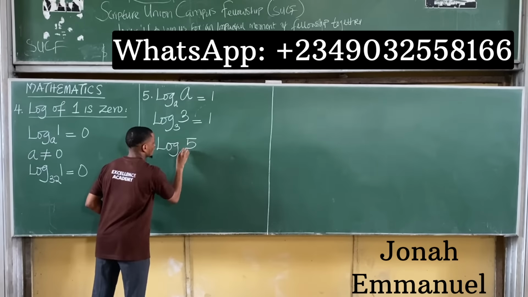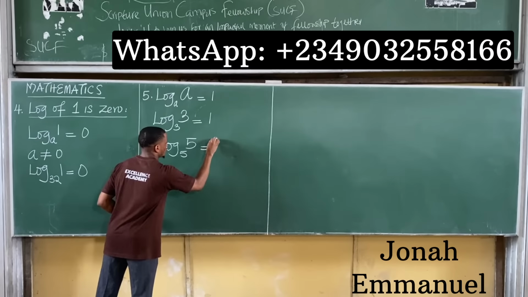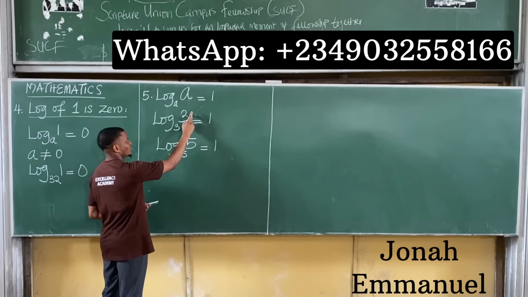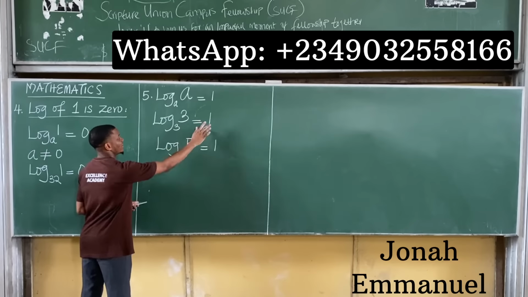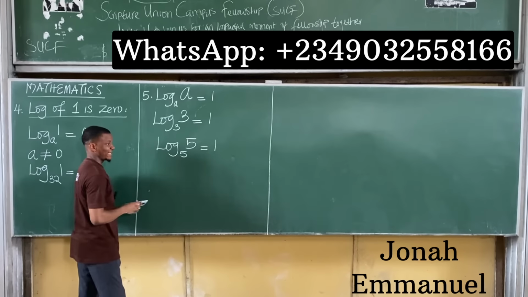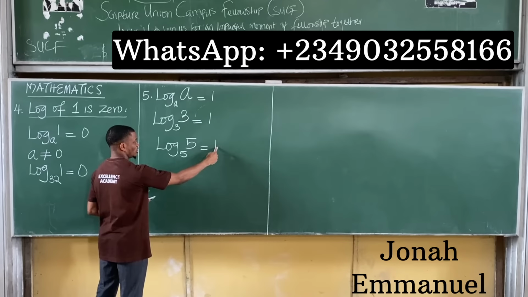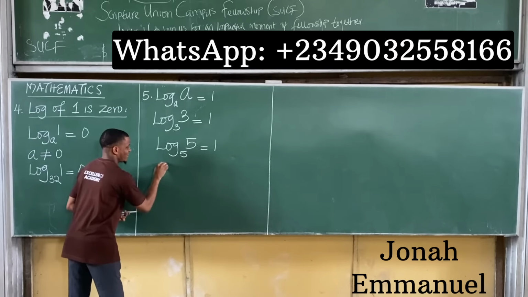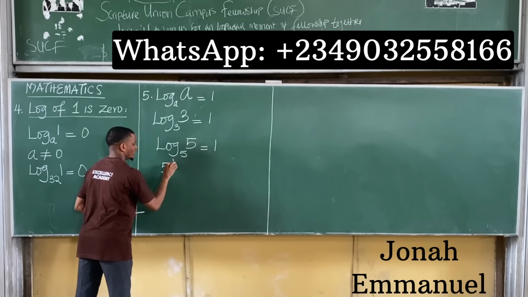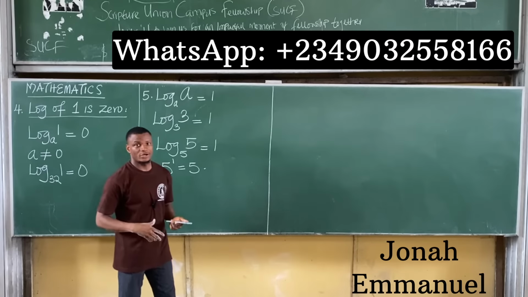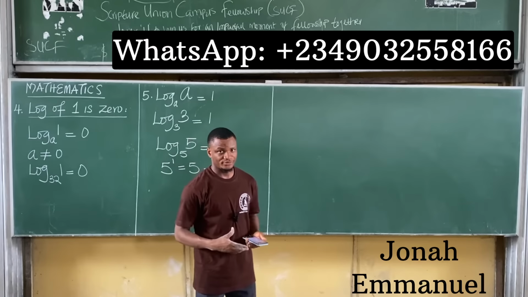Log 5 to base 5 is equal to 1, and so on. And this makes sense because the base raised to this power should give you this number. And of course, we have that 5 to power 1 is equal to 5. So that proves that this law is true.